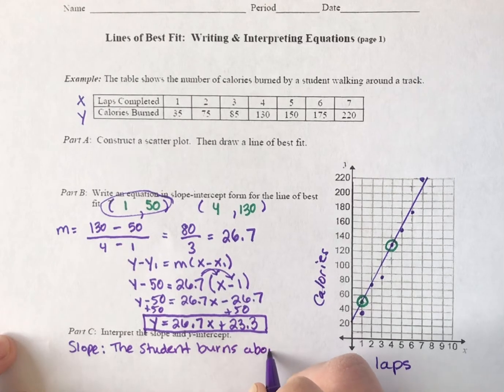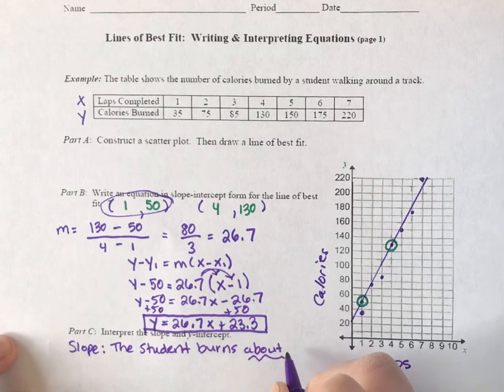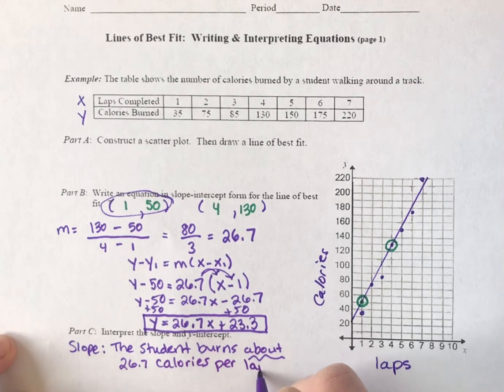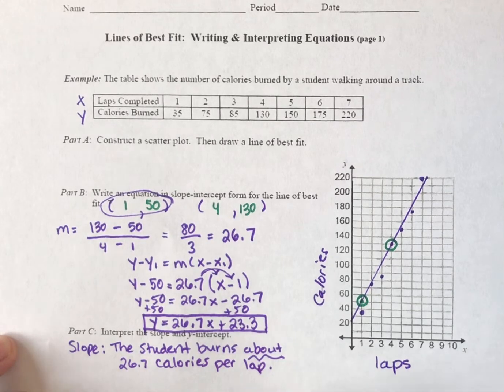And I'm writing about because we all might get a little bit of a different answer here. Okay, but you want to define it based on the slope and y-intercept that you get from your part of the equation. Now the y-intercept, if you remember when we did word problems, the y-intercept was like the starting point.